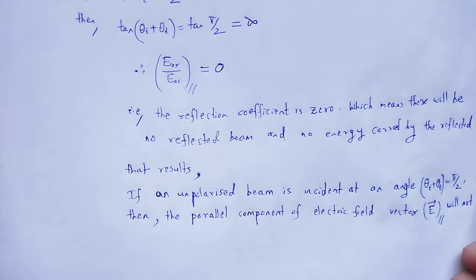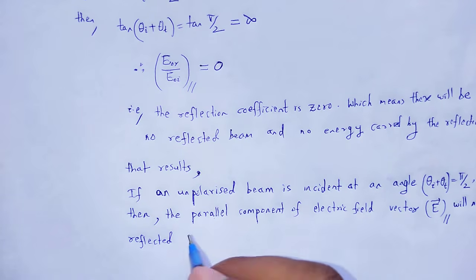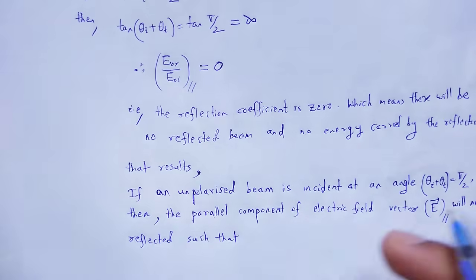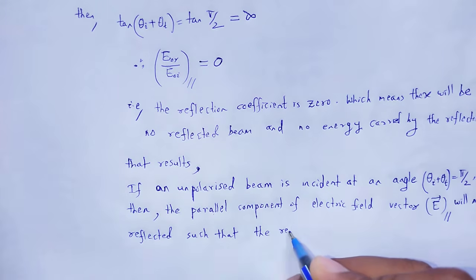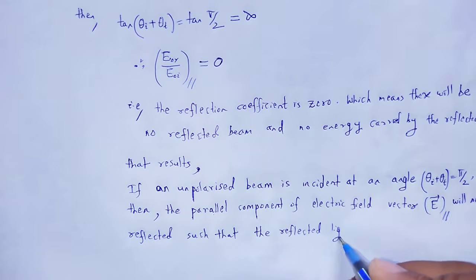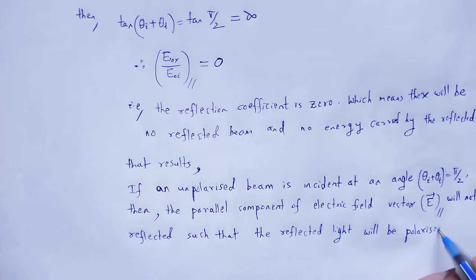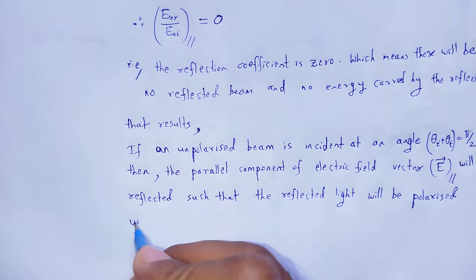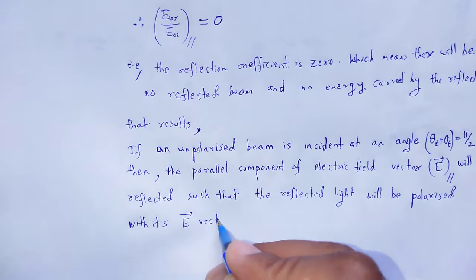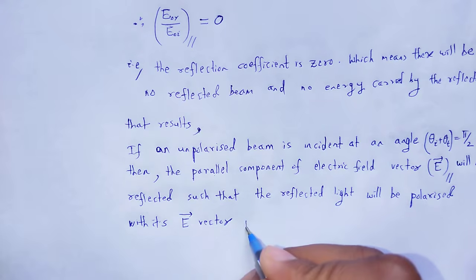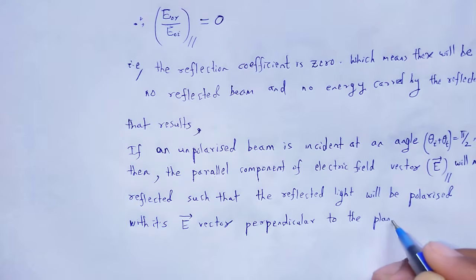Not being reflected means the reflected light will be polarized with its E vector perpendicular to the plane of incidence.